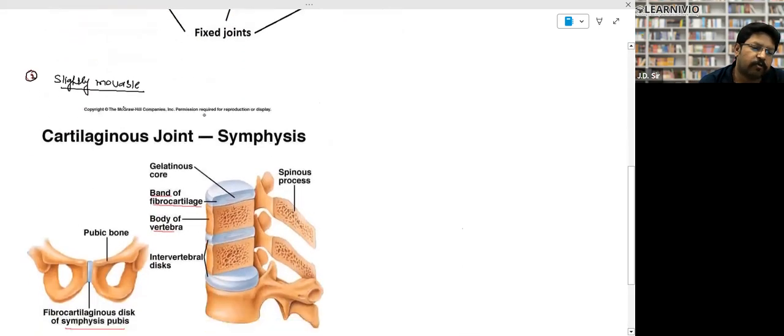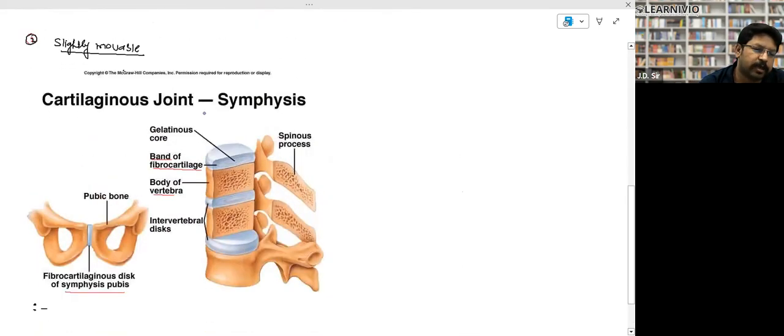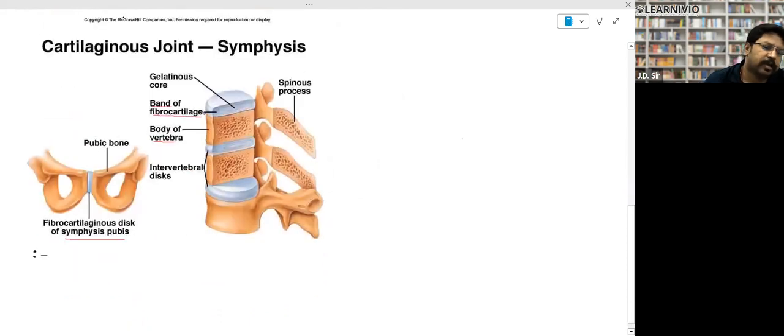The second category of joints are slightly movable joints, where very less movement takes place, like in the backbone or pubic symphysis, right? Between the vertebrae, there is a cushion-like structure made up of an outer cartilaginous covering, and the inner part is a gelatinous core, a gel-like substance. Very less movement takes place between the vertebrae.